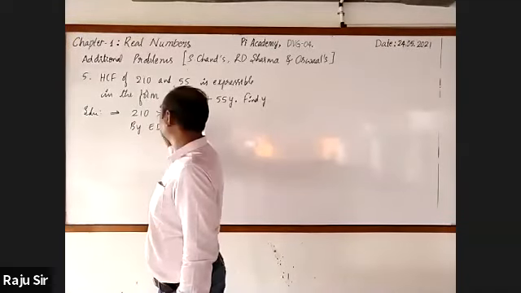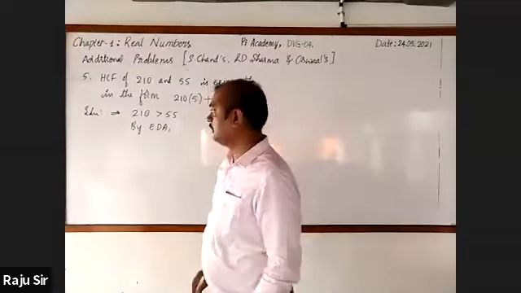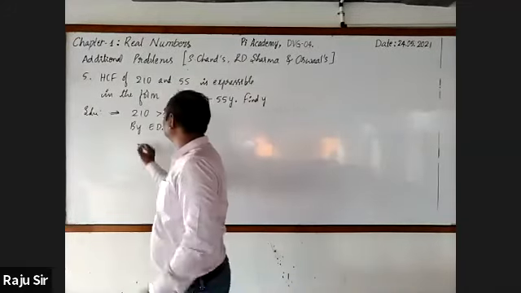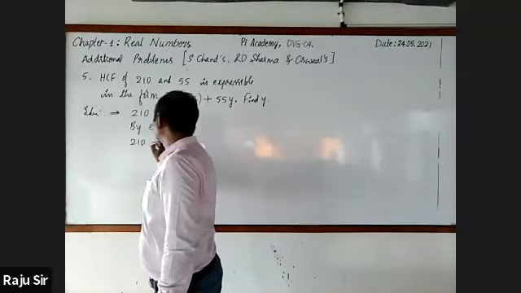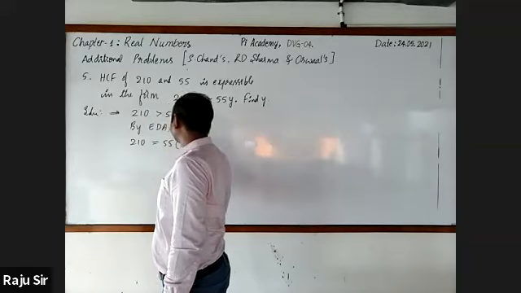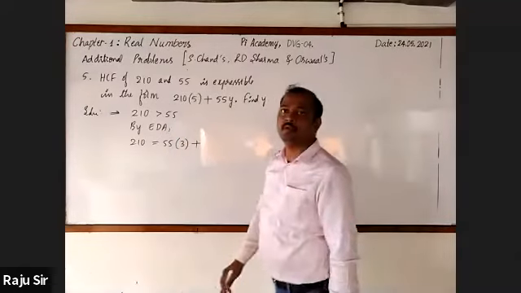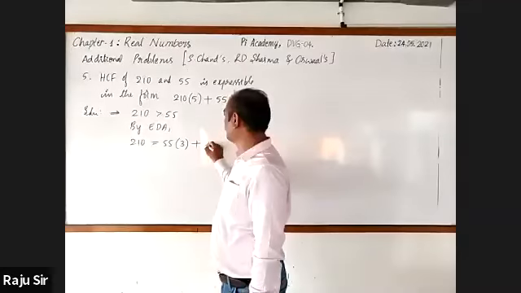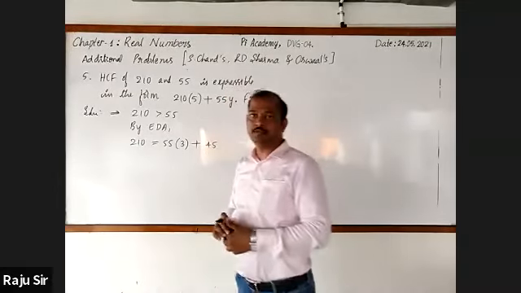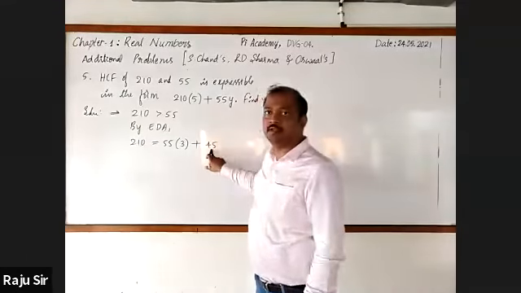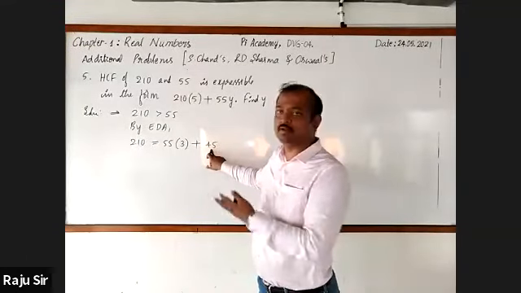By Euclid's division algorithm, 210 is equal to 55 times 3 plus 45. 55 times 3 is 165, then 45 will remain. 45 is the remainder, which is not equal to 0.